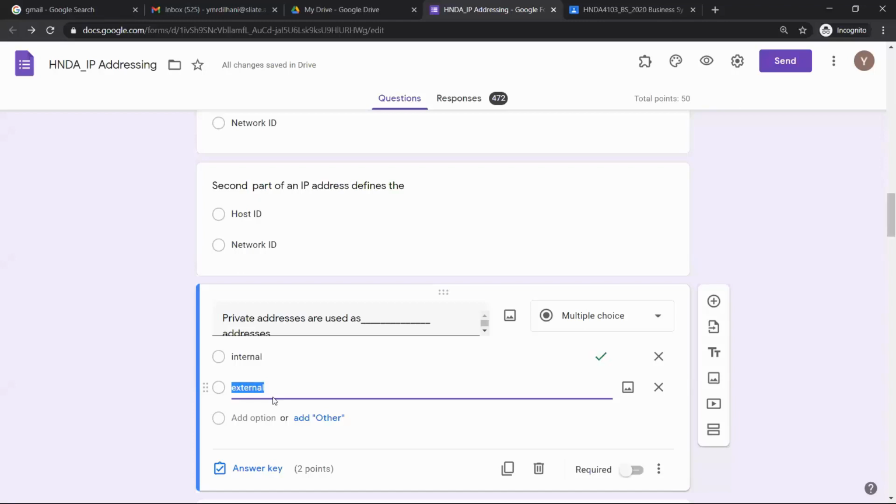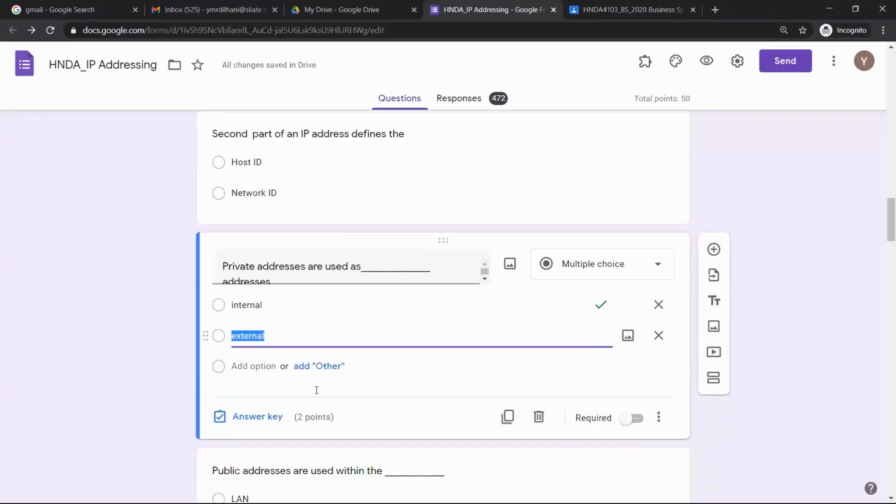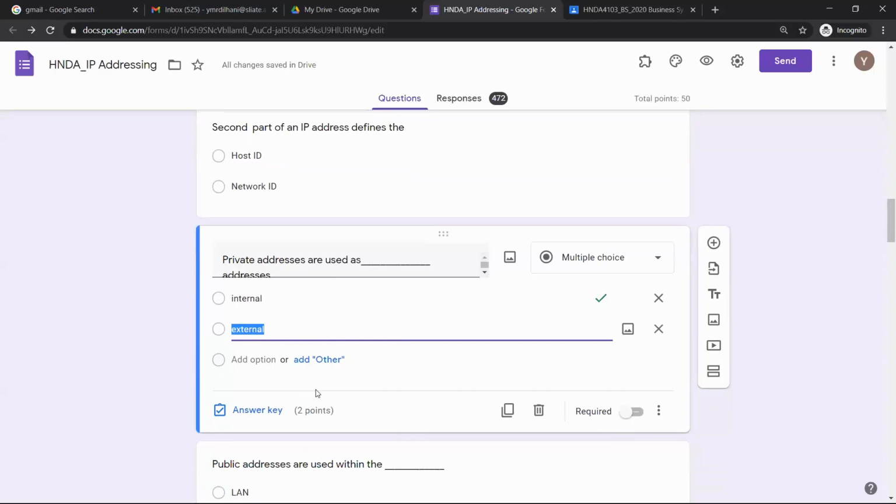The address you are going to use to access internet is called a public address, and that public address is given by your internet service provider, right? I think you already know about your internet service providers: Dialog, Go, Mobitel, or any provider you have connected to. So public addresses are given by those service providers, and private addresses can be defined yourself when you connect your devices into your network.